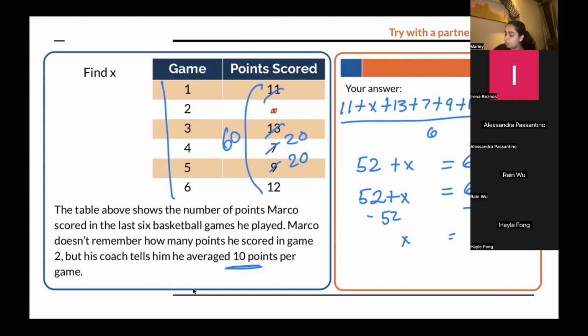So it would be 12 plus X equals 60 minus 20, which is 20... wait, 12 plus X equals 40 minus... so X also equals 8. That's only if you're extremely comfortable. I think this method would be really easy to make silly mistakes. I wouldn't recommend it, but if this is simple and easy for you, then that's a trick I just wanted to show you all.